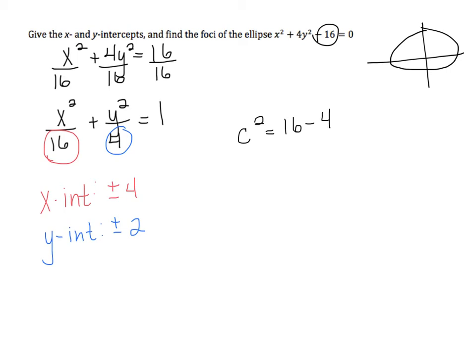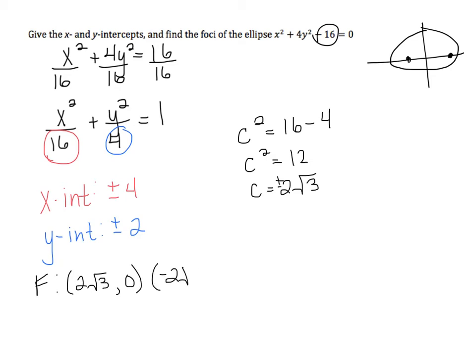And again, a is always that larger value. So this becomes plus or minus 2 root 3. In this case, because it's horizontal, the foci are here and here, which means that my y values are 0. So it's 2 root 3, 0, and negative 2 root 3, 0.